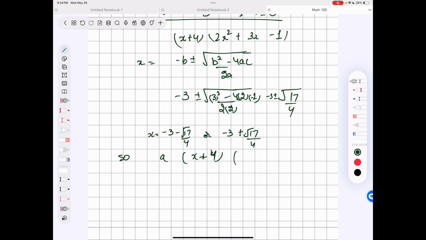and then we got our answer as x minus 3 plus 17 over 4, or x minus 3 minus 17 over 4.